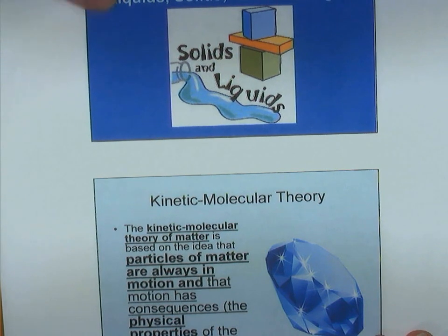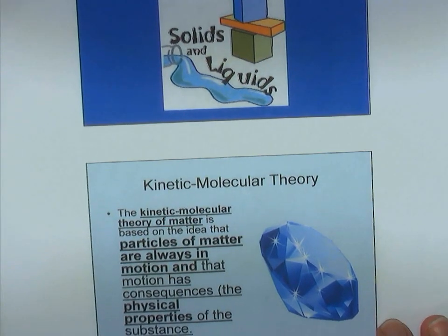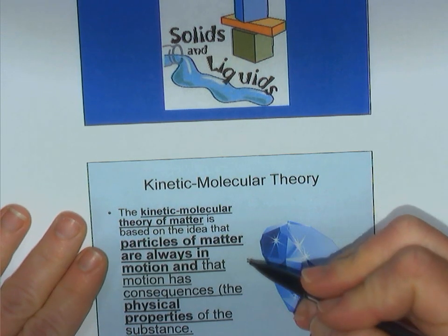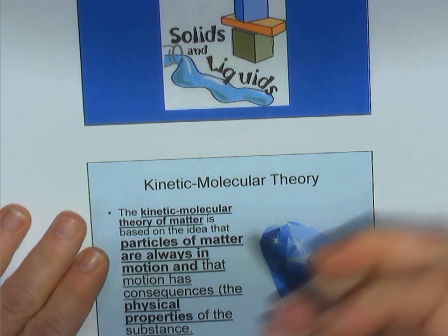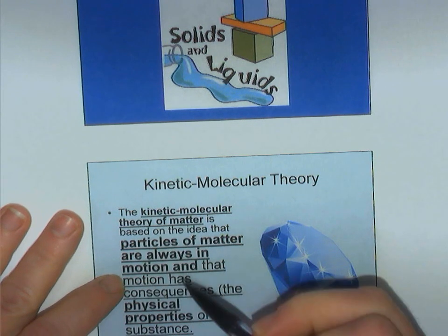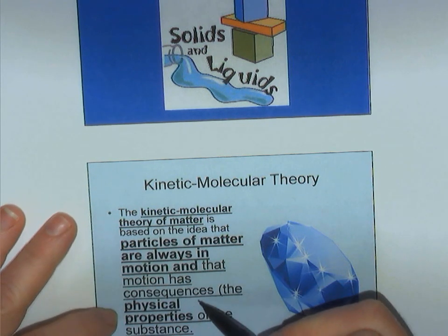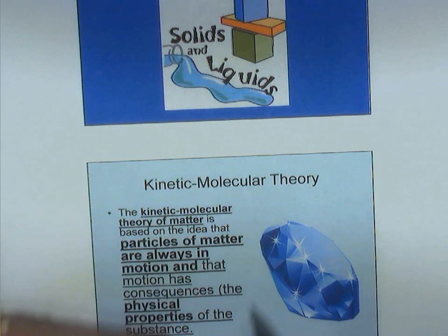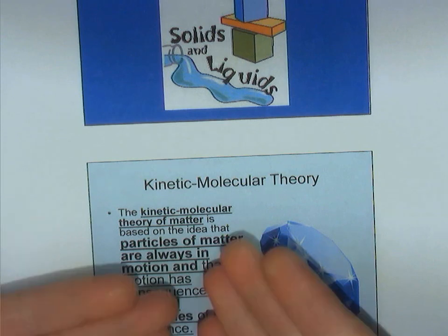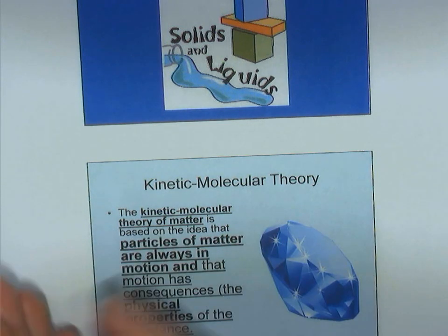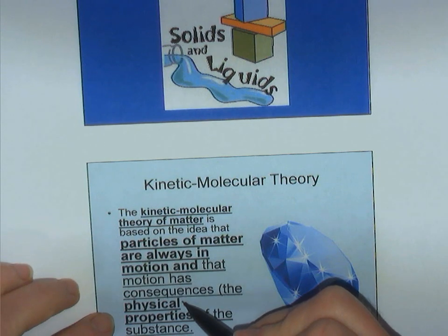But as far as the other states of matter, we're really just asking how the particles in that state of matter move. Kinetic, of course, means energy of motion. Understanding that, we can explain the physical properties associated with our different phases, or even compare different examples of liquids and different examples of solids as far as their physical properties.